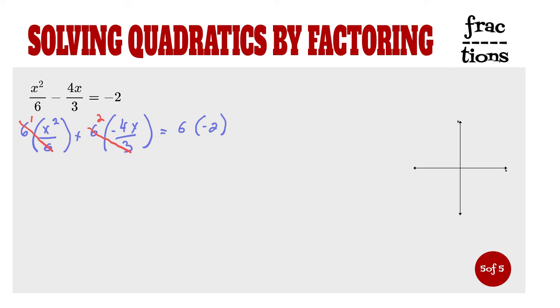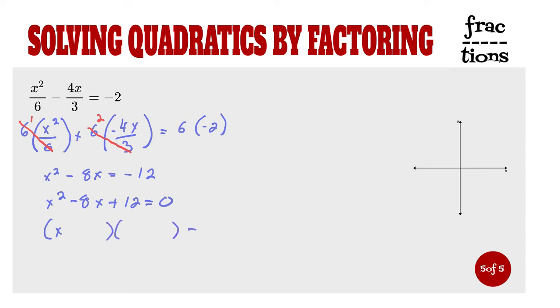And so now I've got x squared, 2 times negative 4 is negative 8x, equals negative 12. Bring it across, it becomes positive. Factor.